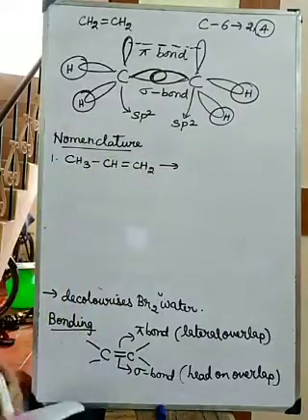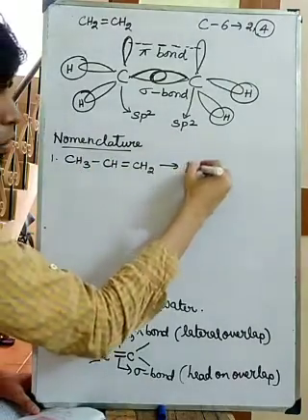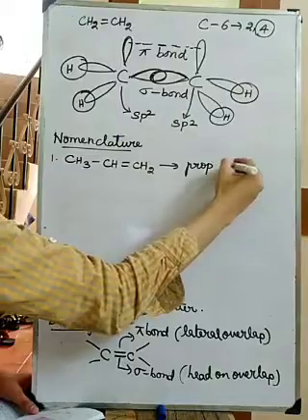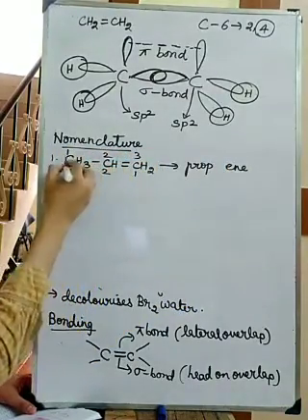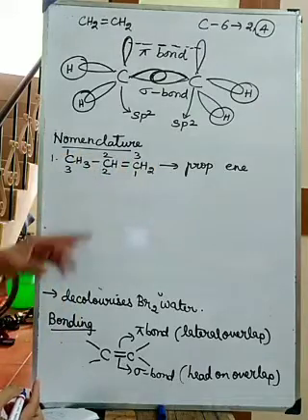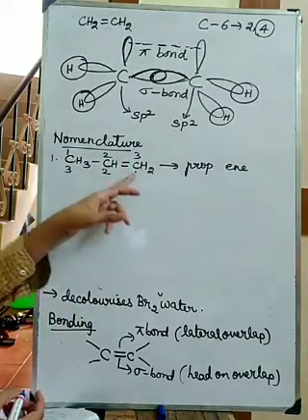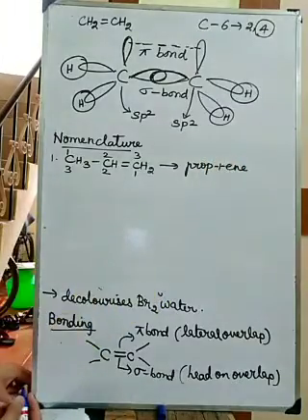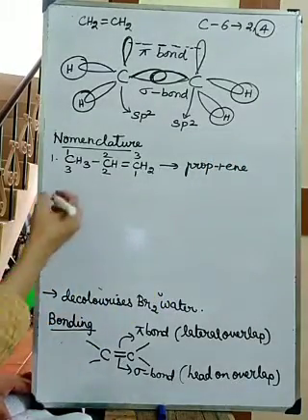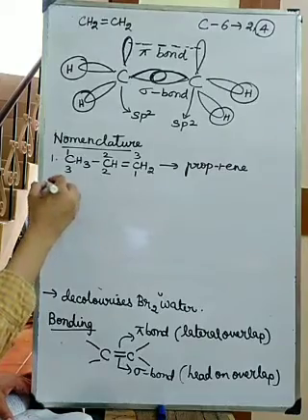How many carbons are there? 3 carbons, so prop. Double bond is there, so ene. What is the position of the double bond? When I number from this side, I get the number 2. When I number from this side, I get the number 1. So it is prop-1-ene. What will be the name of this compound?